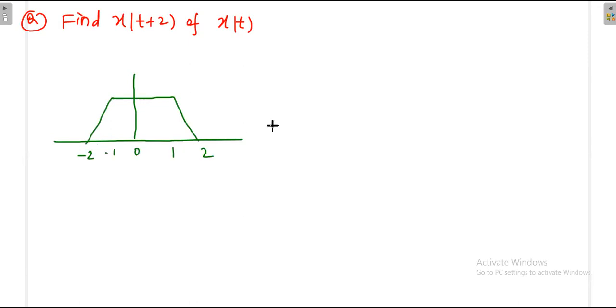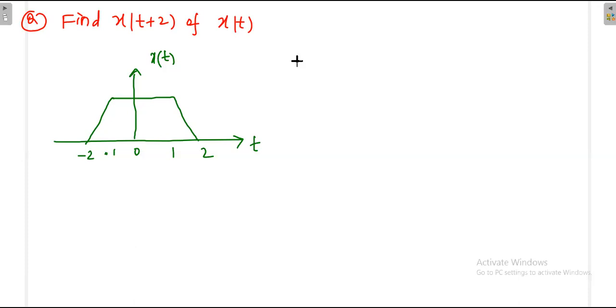This is t, this is x of t. So as usual, there are two methods. One is simply I can shift the diagram to the left hand side, or otherwise I can compare the time axis.